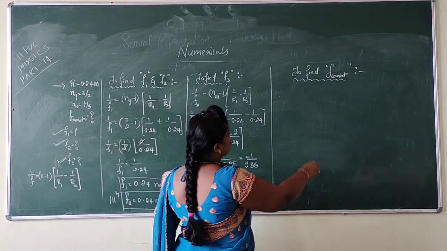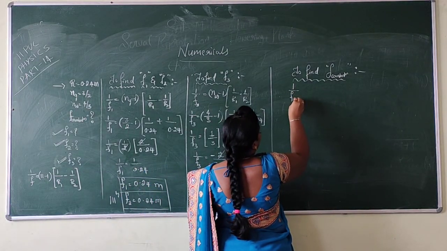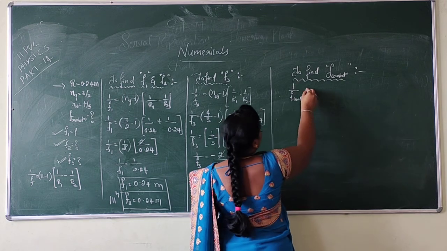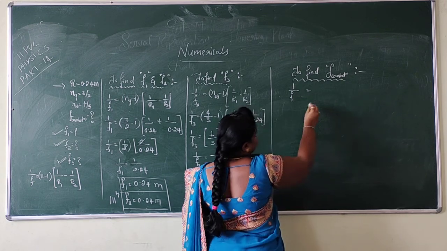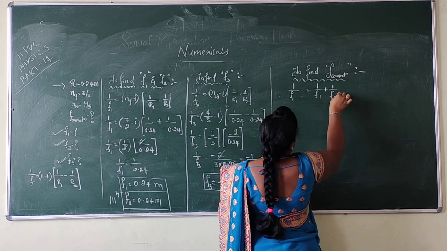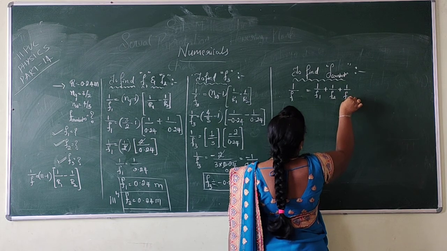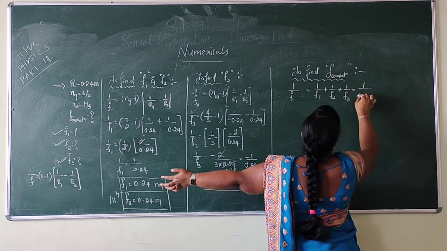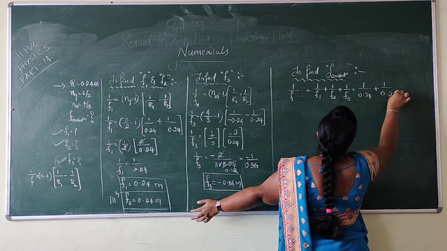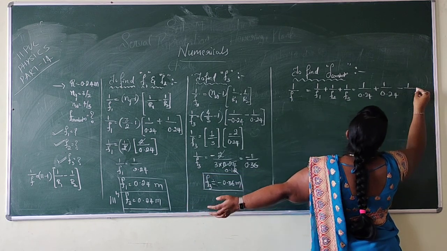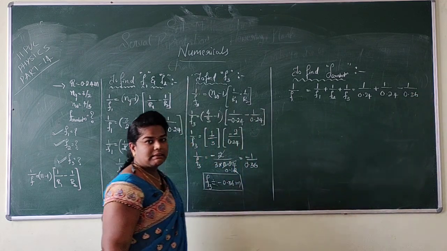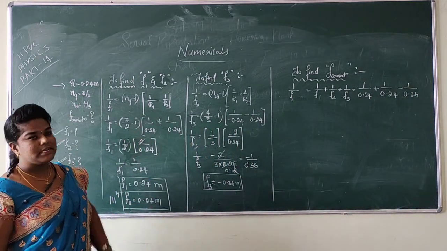See my dear students, 1 by F combination or F total, right? No problem. I will simply write 1 by F, equal to 1 by F1 plus 1 by F2 plus 1 by F3. So what is F1? 0.24. What is F2? 0.24. What is F3? F3 it is minus 0.36. Substitute, right? So you calculate the meter values and substitute.